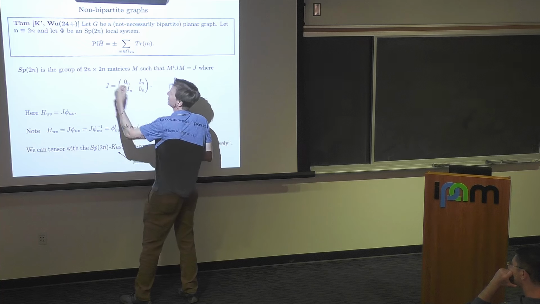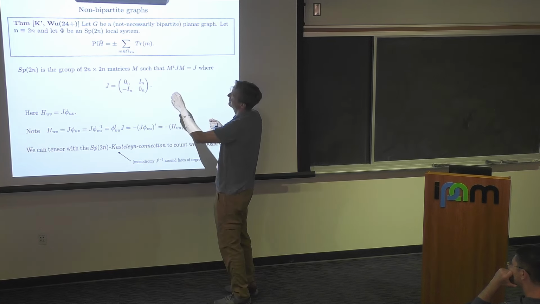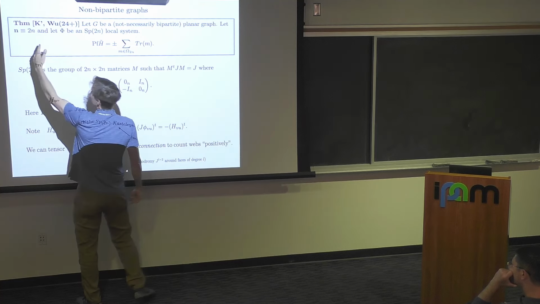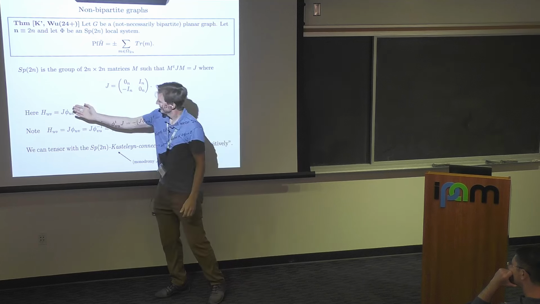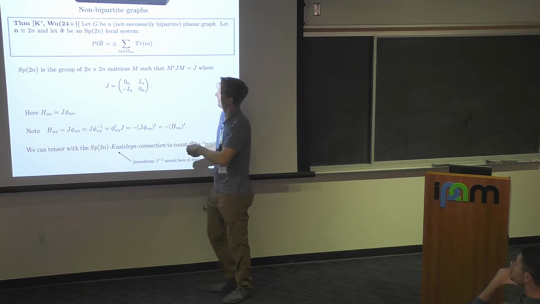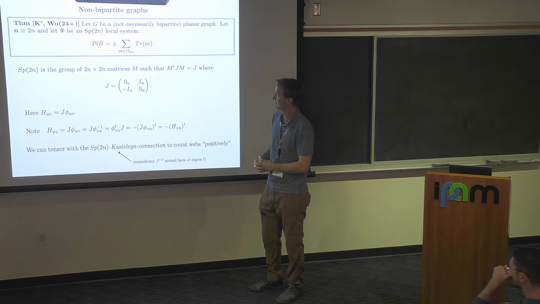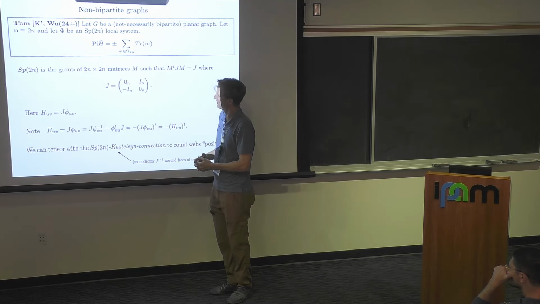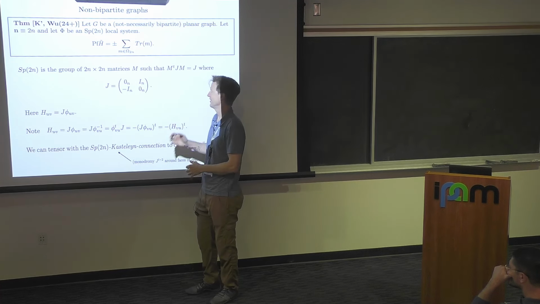In fact, if n equals 1, so 2n is 2, and you take the identity connection, then you're just counting double dimers on this non-bipartite graph. So this is the correct matrix.